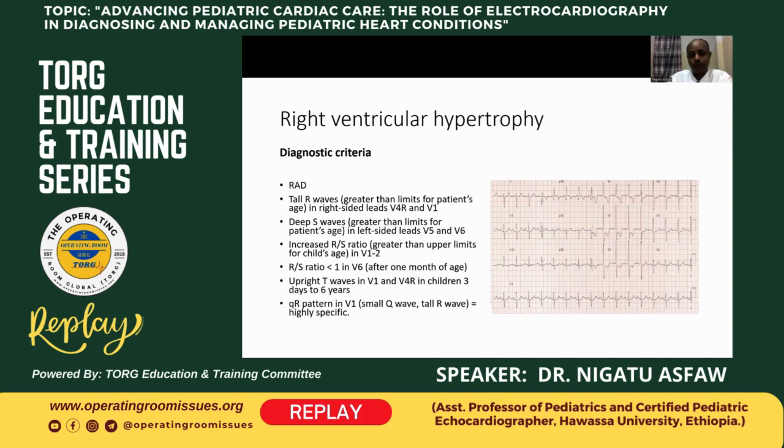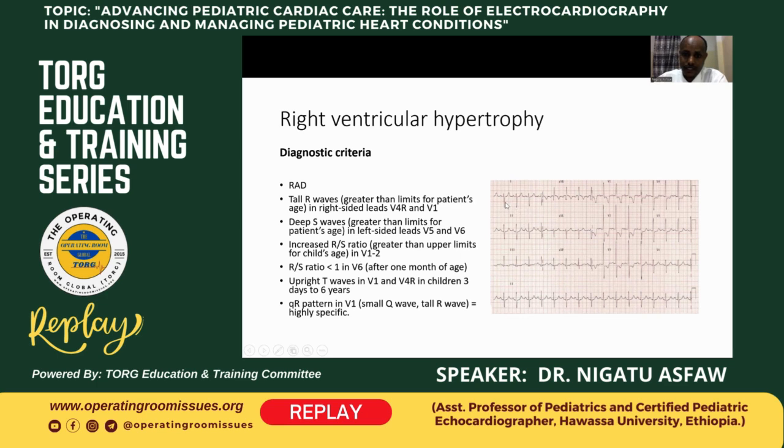And if there is also QR pattern in V1, that's also very highly specific for right ventricular hypertrophy. In this ECG paper, we can see there is tall R waves in V1, V2, and V3, and there is also right axis deviation.